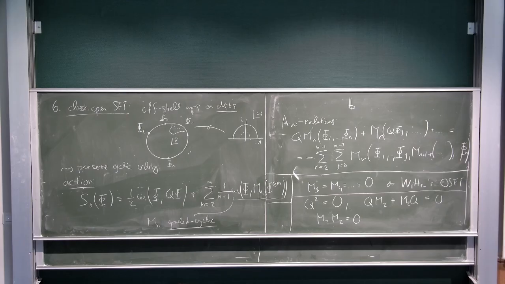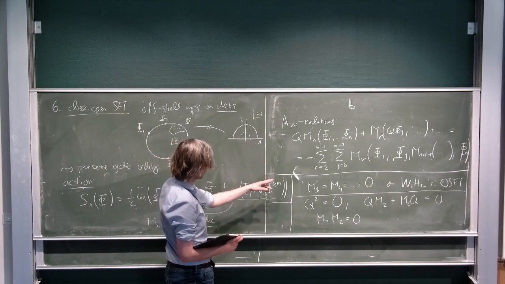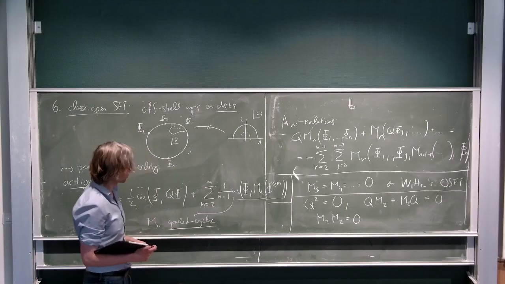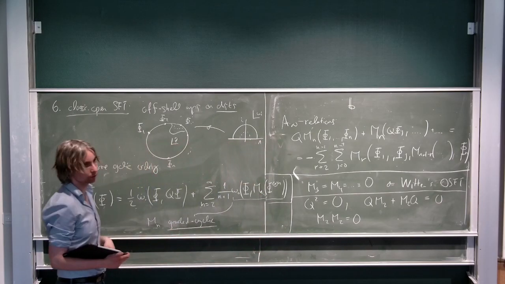And if I want to specify whether the A infinity algebra is cyclic or not, I need to also specify the omega. But the relations themselves do not know about omega, actually.